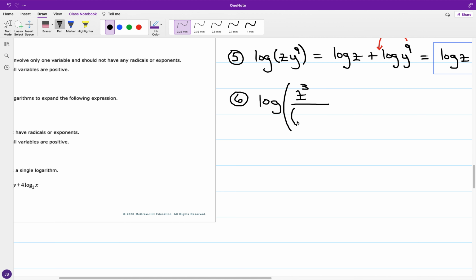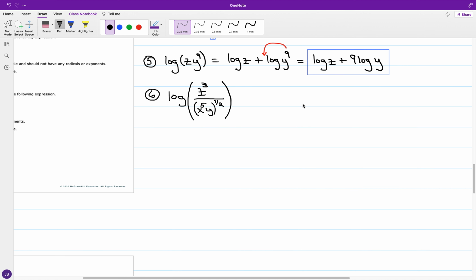The square root of an expression will be that expression raised to the 1/2 power. So you have a base 10 logarithm, and in the numerator, z to the third.